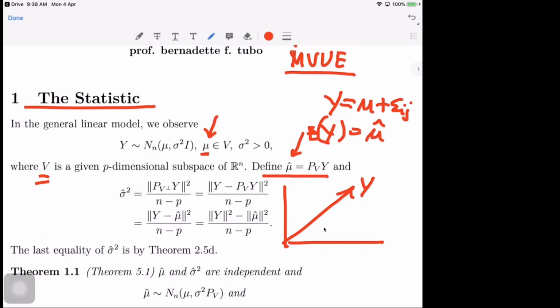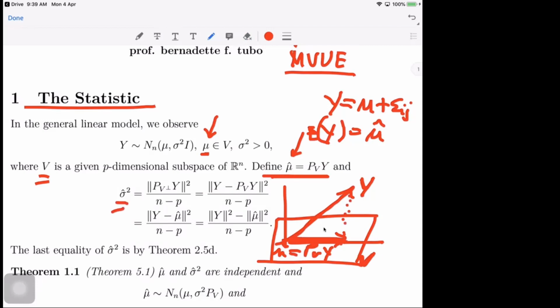Now, by how mu hat is defined, it tells you that you can analyze the y with respect to a subspace V by looking at its projection. So mu hat is actually the projection of y onto V. This will actually be your mu hat.